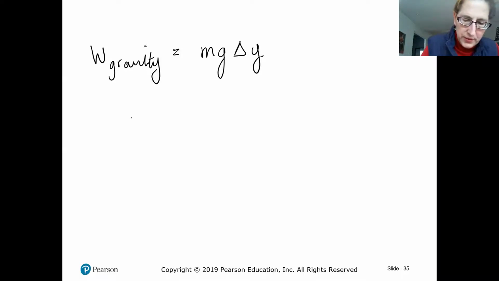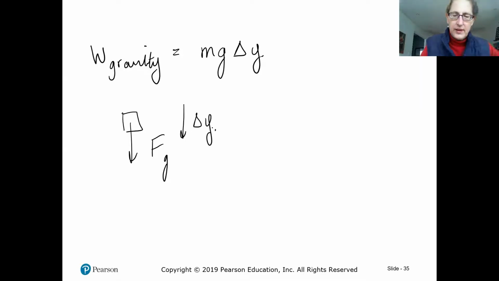Okay, now it's being lowered. So is this going to be a positive number or a negative number? Remember what we said. When something is lowered, the force of gravity is in the direction of the displacement.